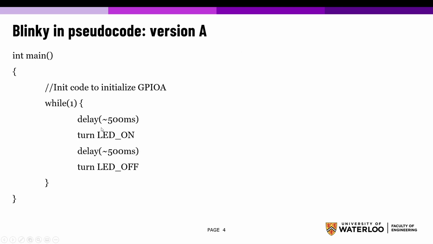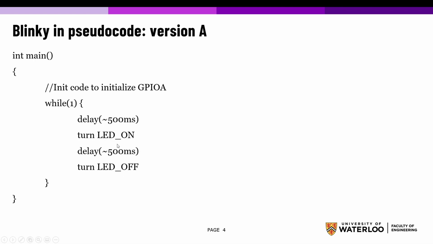Before I show you the code for version B, think about this. We're using this delay here, and then we're using the delay again here. So this is a piece of code that will be duplicated, and we can try to save one of them by noticing that turning the LED on and turning the LED off is pretty much the same thing.